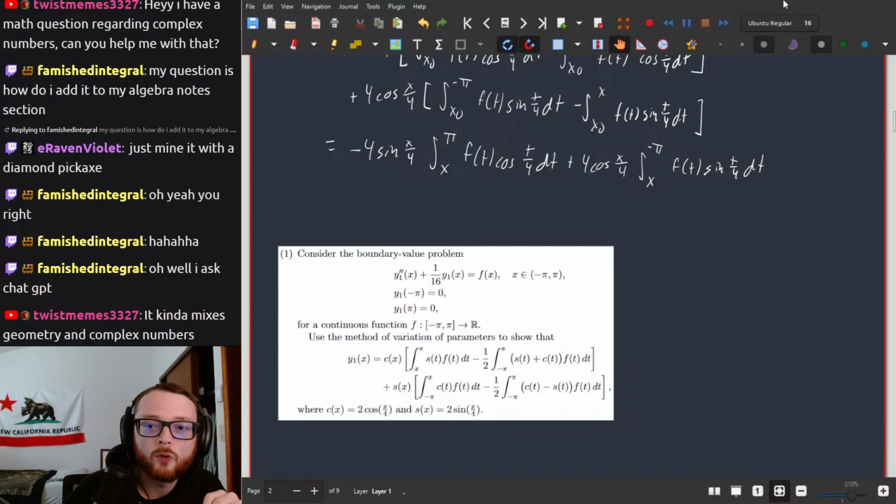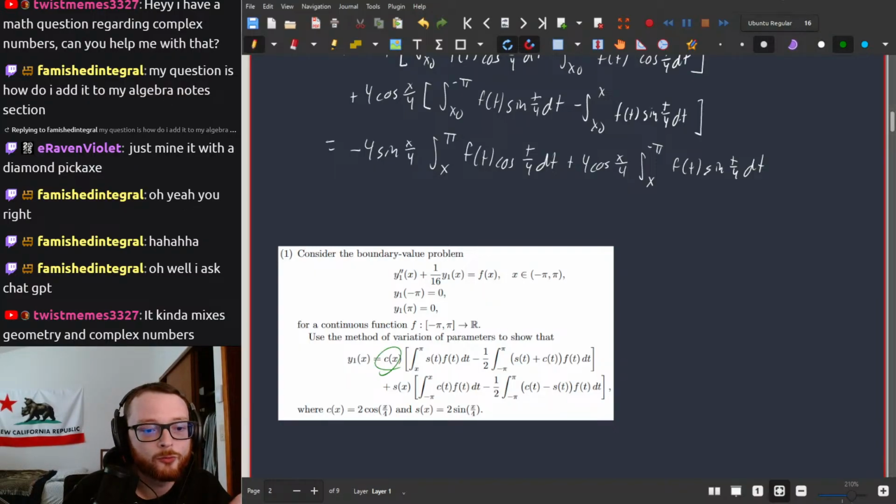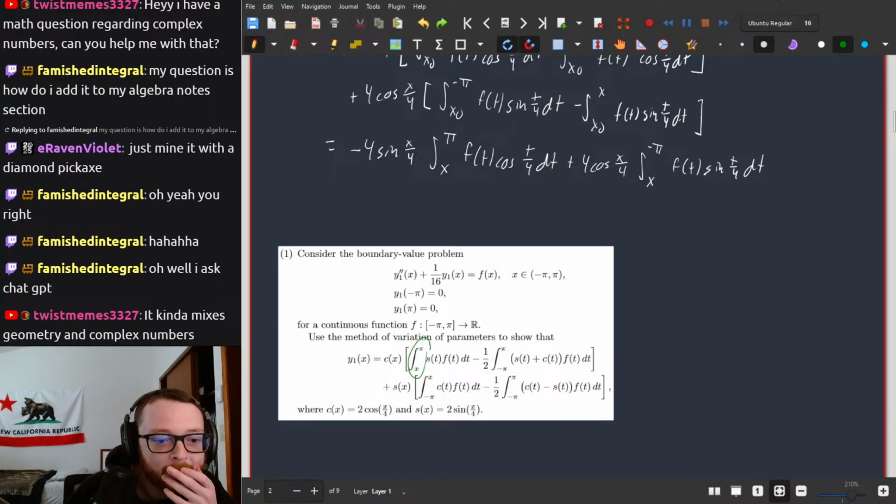Okay, so I want the thing with cosine to look... Oh! Wait. The integral from x to pi minus the integral from minus pi to pi. That is the integral from x to minus pi, or minus pi to x.